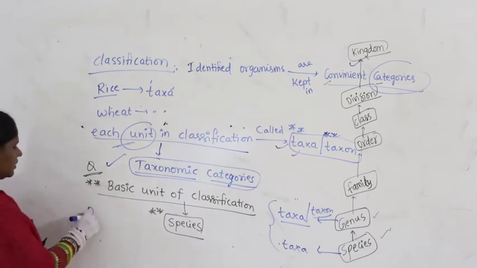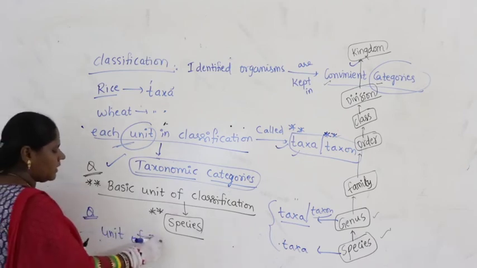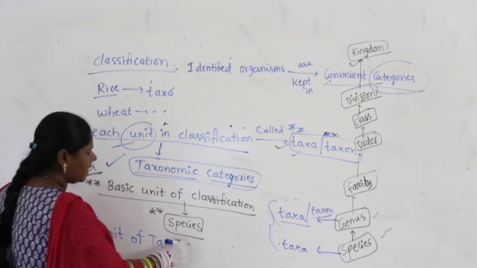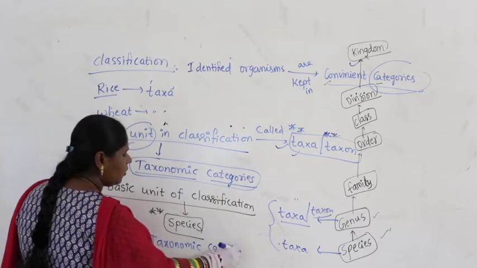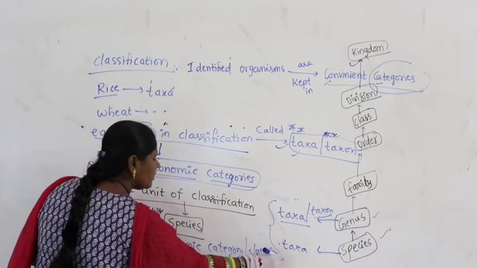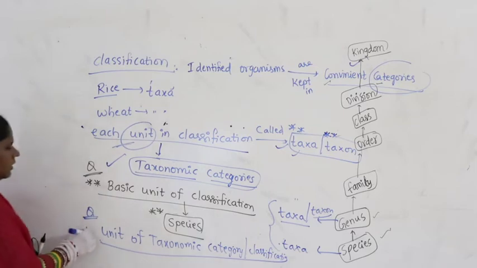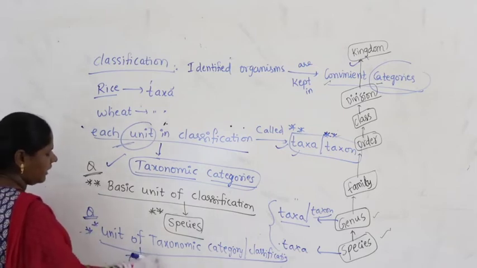Suppose the question is what is the unit of taxonomic category or taxonomic classification, then you have to take the option as taxa or taxon.